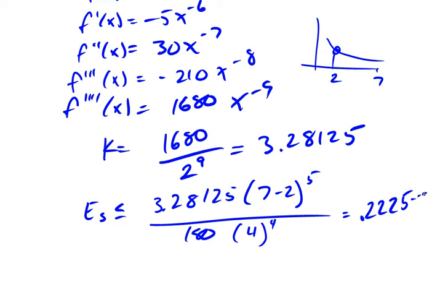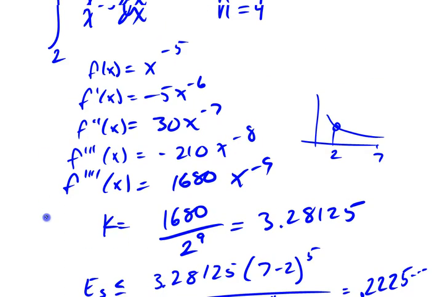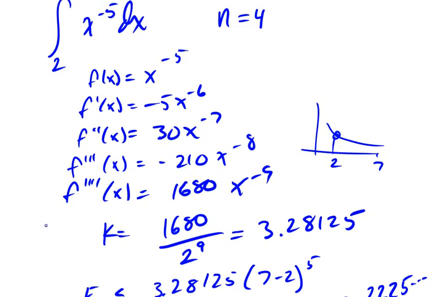This is an interesting problem. Now granted, I used n equals 5 for trapezoids and n equals 4 for Simpson's rule, but usually Simpson's rule is substantially better. This is an interesting example because this coefficient out in front keeps getting bigger and bigger each time.